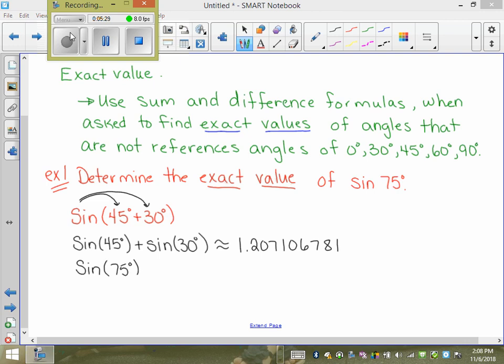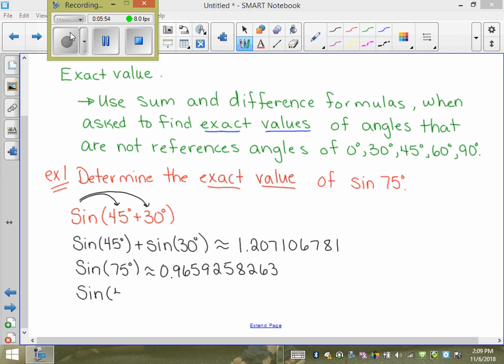So type sine 75 in your calculator. Sine 75 is approximately 0.965925823. Are they the same? No. So can we distribute it in? No.